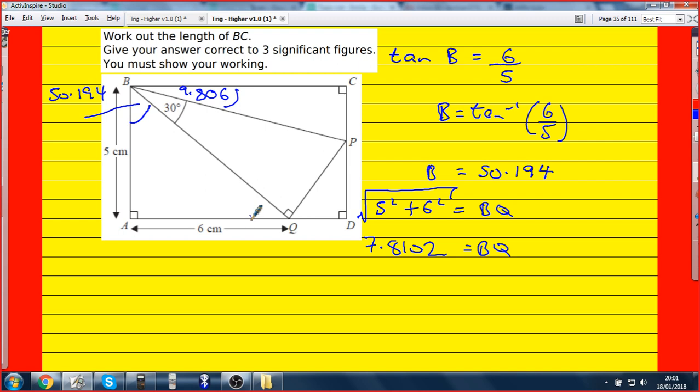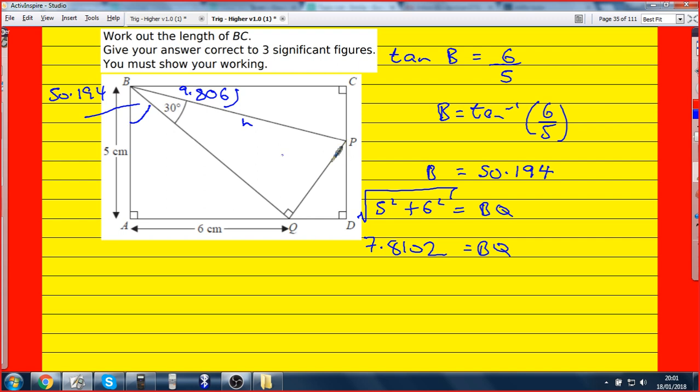We want to find H. What side do we know in this middle triangle?